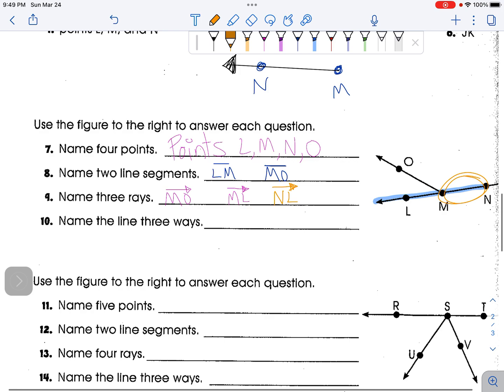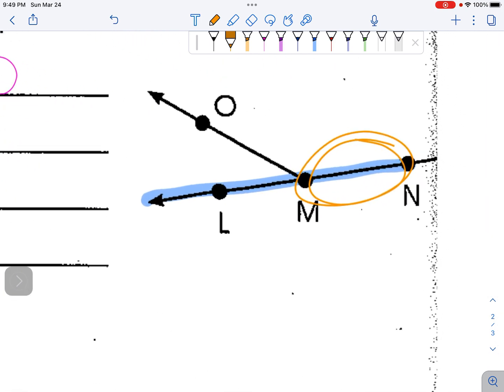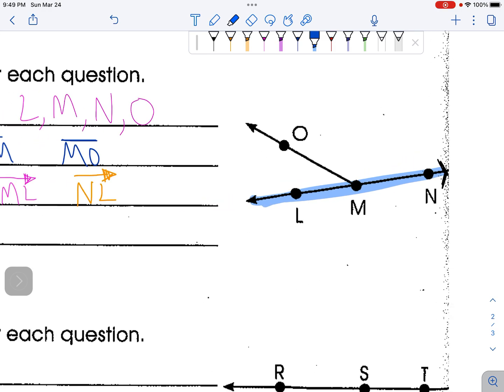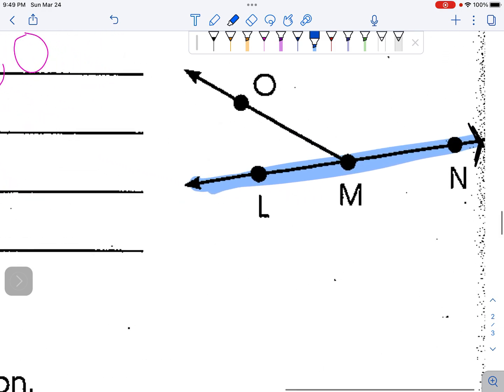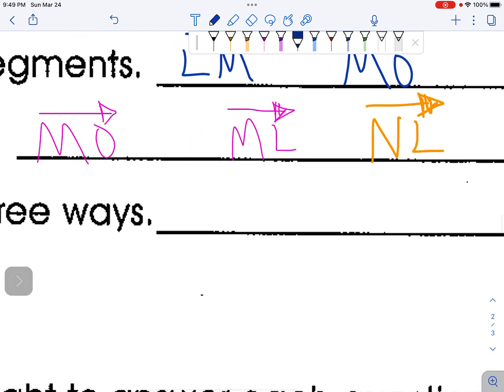All right, and then the last thing, name the line in 3 ways. This one you can't really see, it got cut off, so we'll put it back on here. There really should be a little arrow right here. So how can we name this line? Well, we could start by calling it L through N. Start at L, go through N, extend in both directions. Hey, that's like my name, LN.